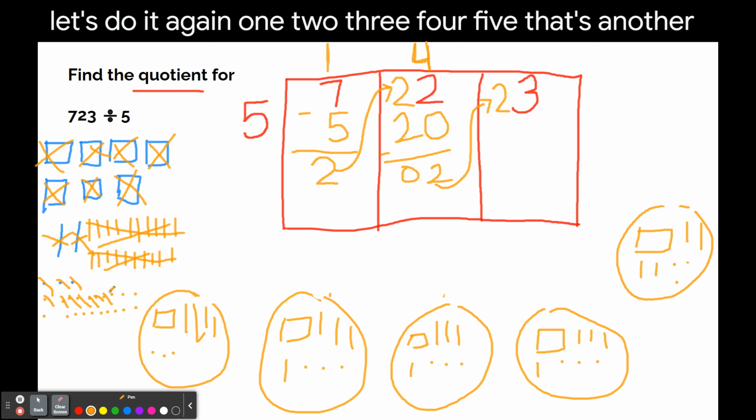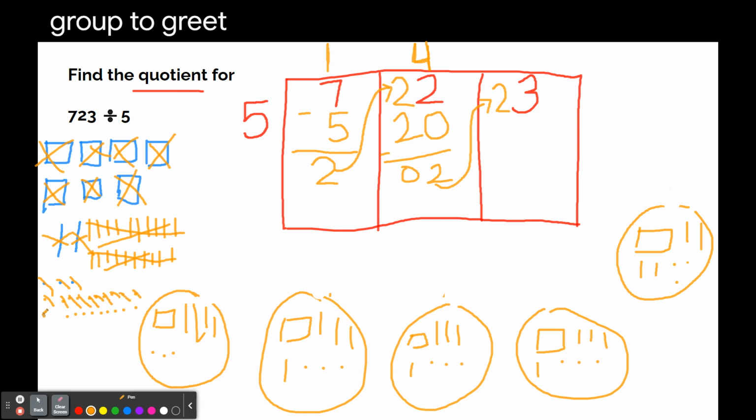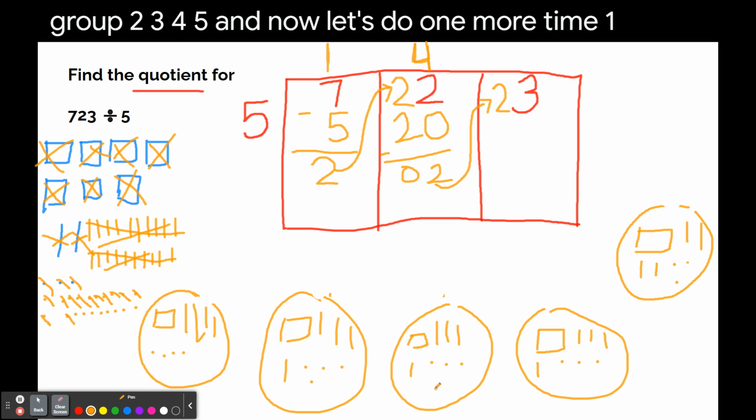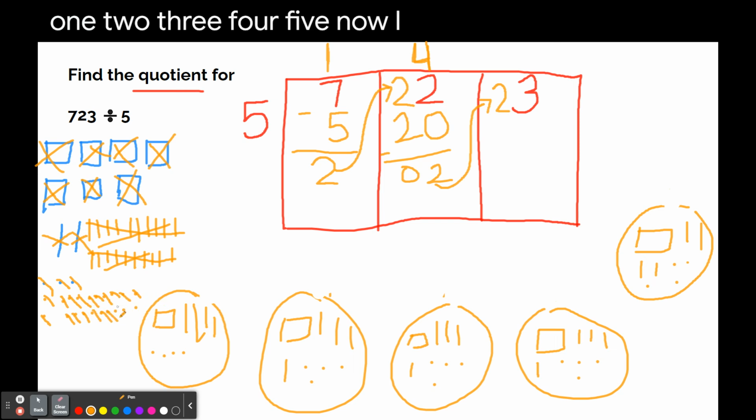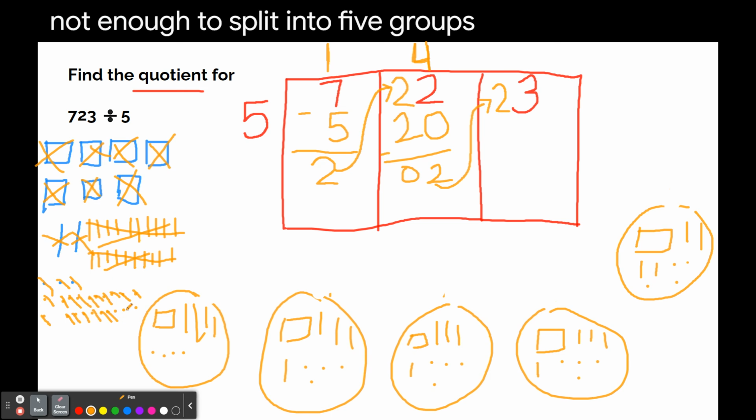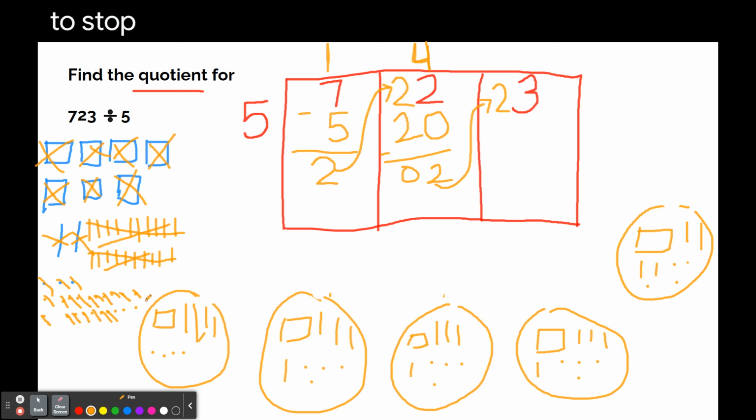That's another group. And now let's do it one more time. 1, 2, 3, 4, 5. Now, I have 3 left over. That's not enough to split into 5 groups. So I think we have to stop there, right?